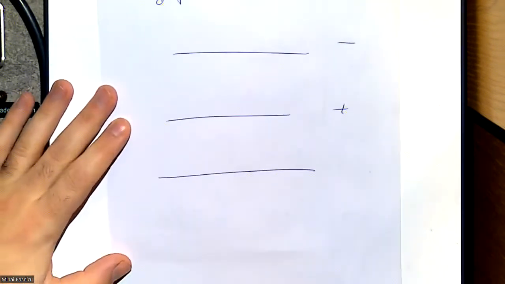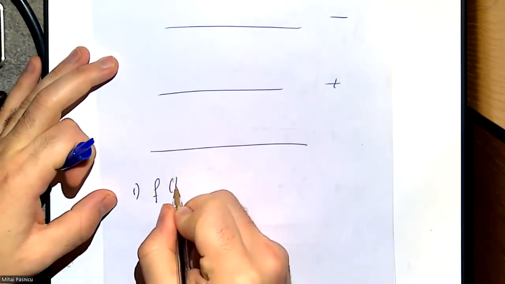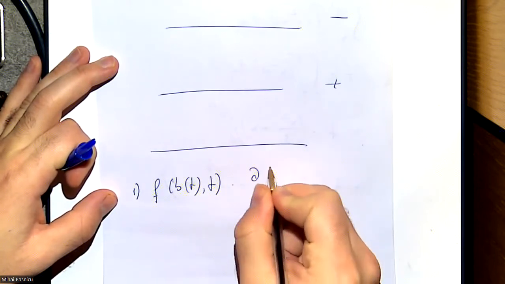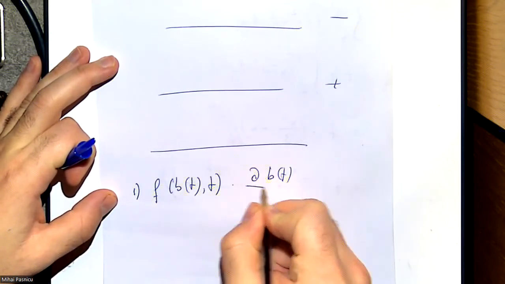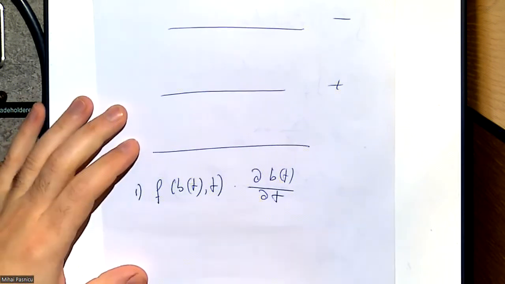The first part is your f(b(t), t) times the derivative of b(t). Also, I'm just splitting it this way because I think it's easier for you guys to observe what I'm doing. I could have just replaced all three of them instantly if you want, but I think this is more helpful.